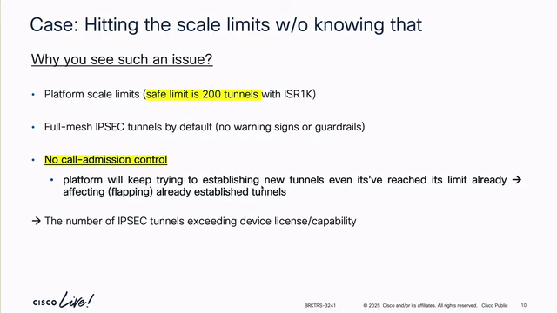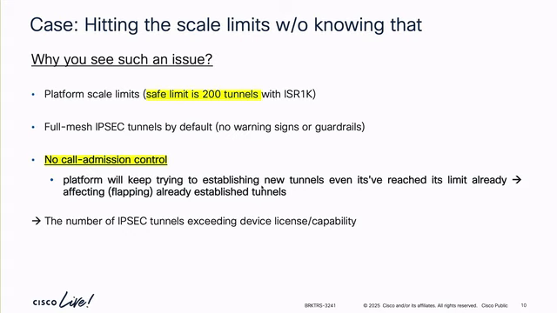So previously established tunnels, which were running perfectly fine, might see issues because of that. And that's something you're probably not expecting. So there's no so-called call admission control from that perspective. And that could happen once you just add, let's say, a 201st ISR 1K device, for instance. Before that, everything was just fine because you were running 200 tunnels from each device.